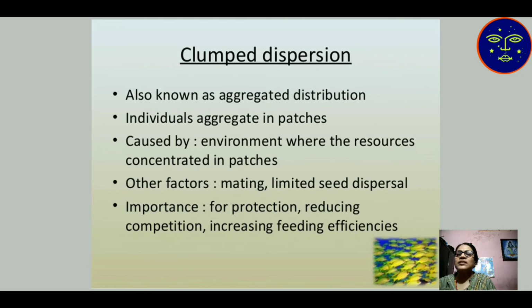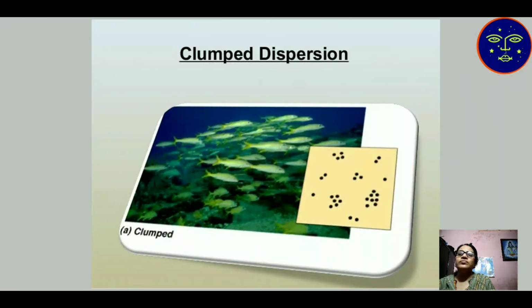Then the importance is protection, reducing competition, and increasing feeding efficiency. So all the plants growing together in a particular good manner is known as clumped dispersion. This is the structure of clumping. In a particular area, clumps are there, so it is known as the clumped dispersion method.